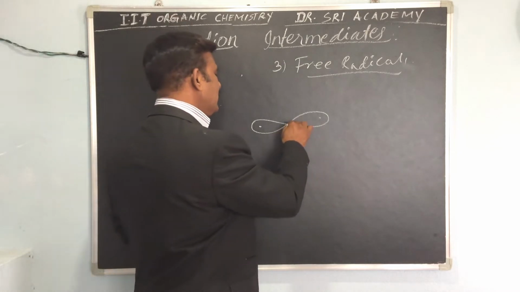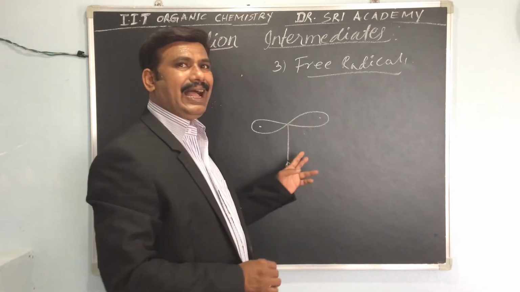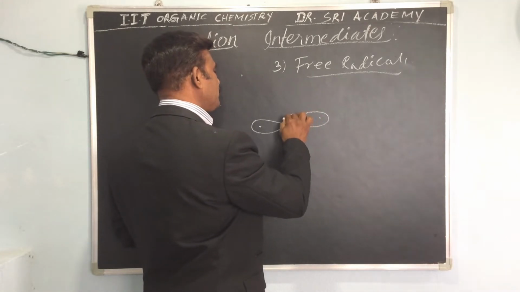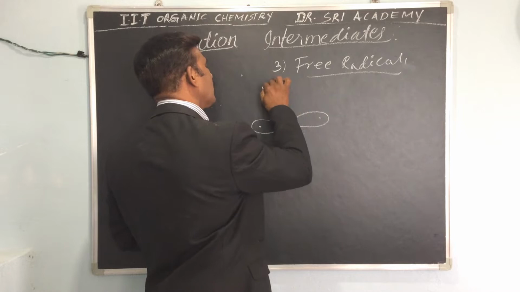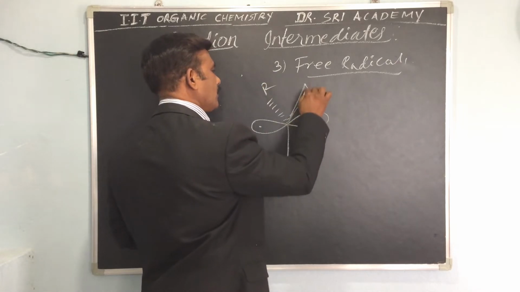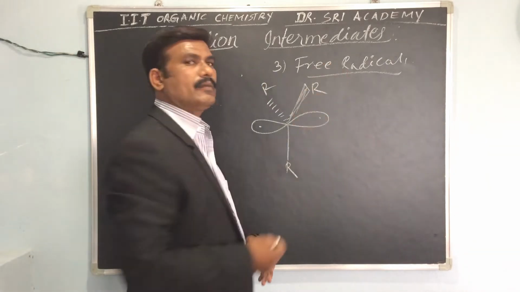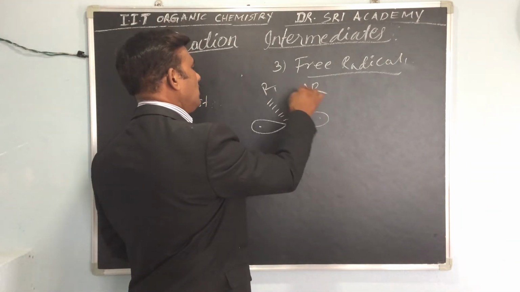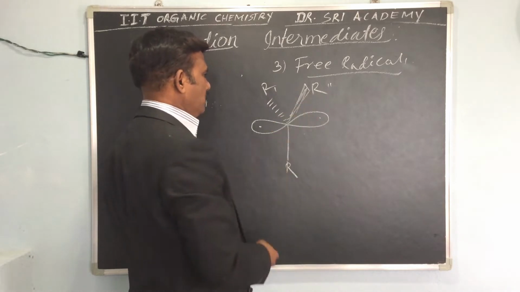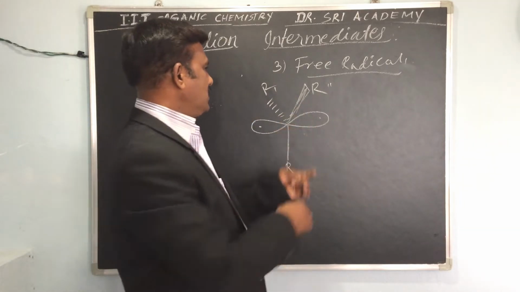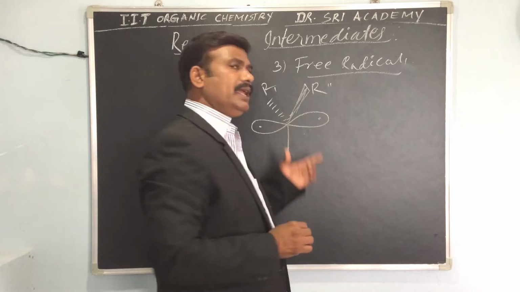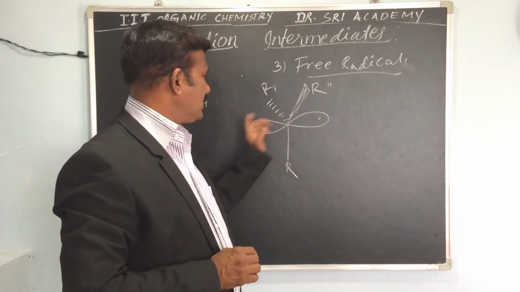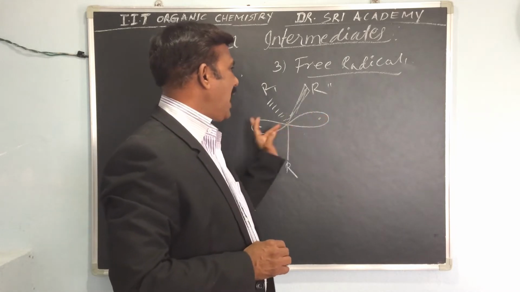We can see this one is R, alkyl, and so on: R1, R dash, R2, three alkyl groups. Here it looks like a plane, a planar structure bearing the unpaired electron.